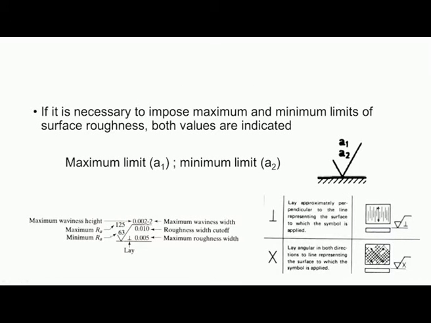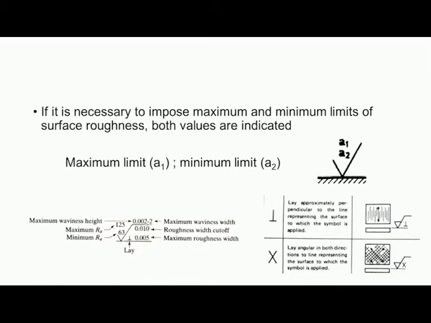Now, sometimes it is necessary to mention two values, the upper limit of the roughness and the lower limit of the roughness. In that case, we use this symbol wherein we have used A1 and A2. A1 indicates the maximum surface roughness and A2 indicates the minimum. You can see here we have used this basic symbol, the surface on which the symbol is mentioned, and two RA values.